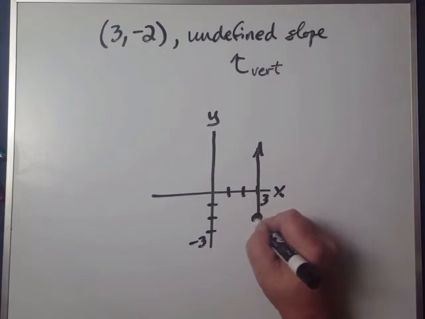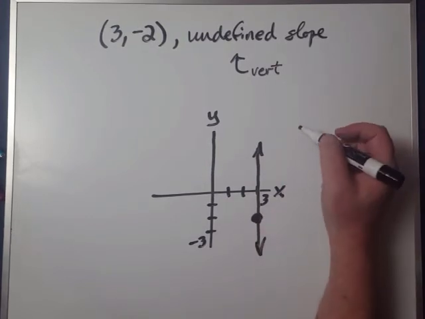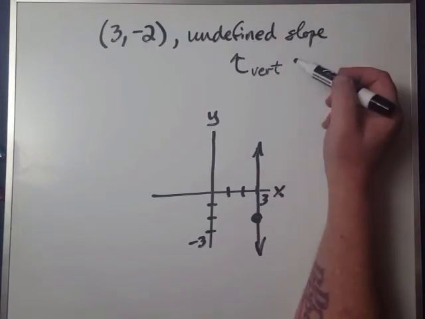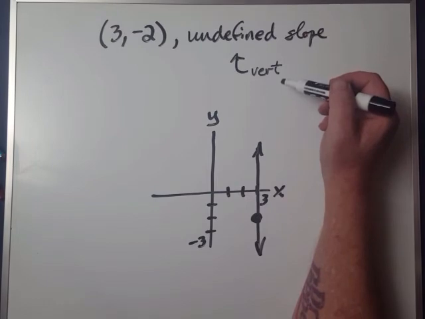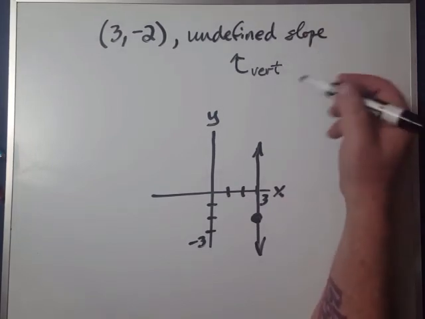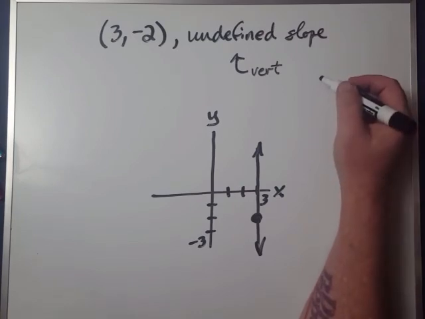Now, can we give geometric interpretation to this slope? As a mathematician, I have to say undefined is not a number. And so I can't look at that as a fraction. Well, let me step out of that role for a minute.